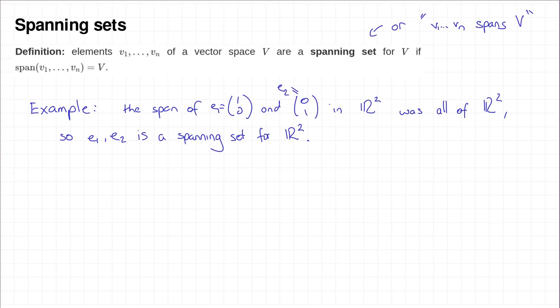Okay. Let's look at a trickier example. So how about vectors V1, which is (1, 1), and V2, which is (1, -1). So the question we're going to ask is, are these a spanning set for R squared? Do they span R squared?